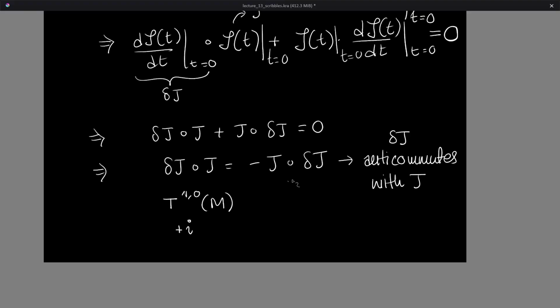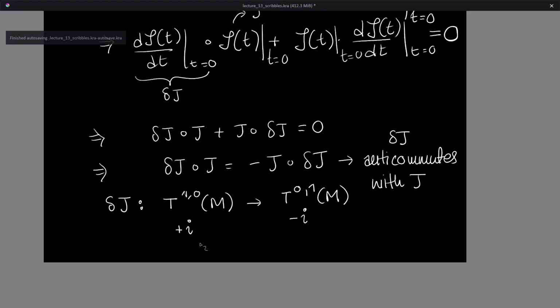But if I were to swap these, and J would introduce an i, so if delta J came first, it's telling us that instead it would give us minus i. But that just means that we go to the anti-holomorphic tangent space. So what delta J does is it goes from the holomorphic tangent space to the anti-holomorphic tangent space if the input is from the holomorphic tangent space, and vice versa, of course.